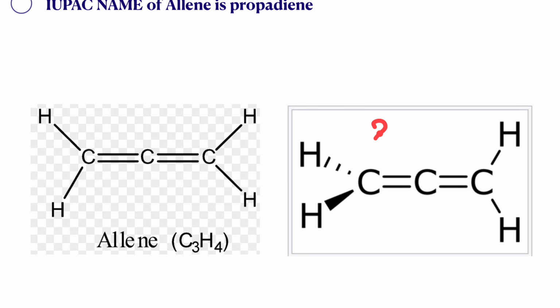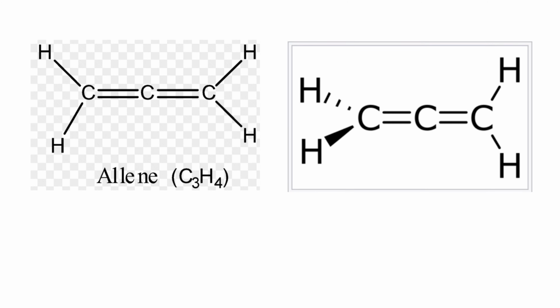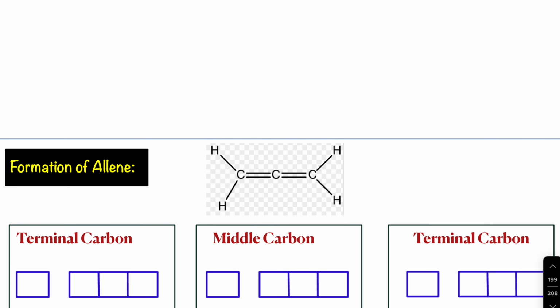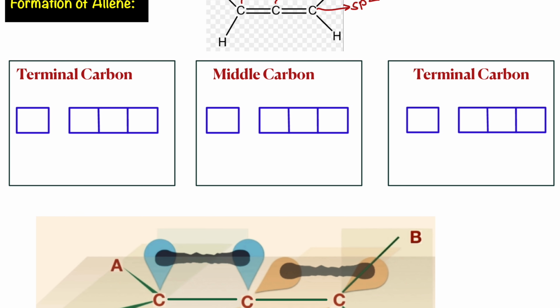To understand why the 3D structure is like this, why these hydrogens are not in the same plane, first we need to take the formation of allene with the help of hybridization. So this is allene, and this carbon is sp2 hybridized, this is also sp2 hybridized, and this is sp hybridized.